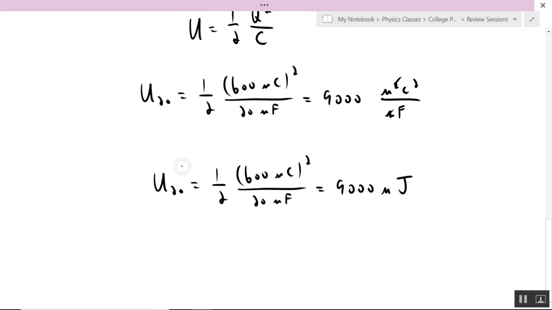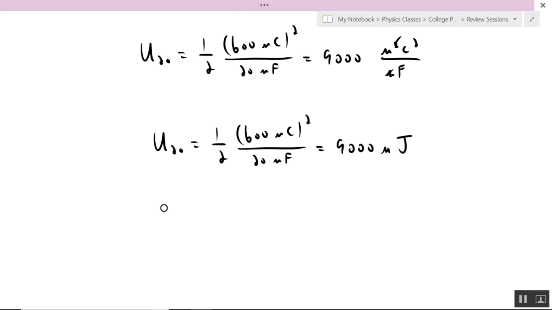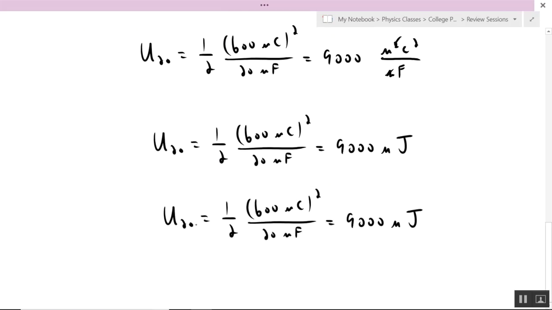And then it's the same thing for the 30, except you're dividing by 30 instead of 20 in the bottom. So you put 30 here, and this is 6,000. It's 2/3 of this, right? So you get 6,000 microjoules and 9,000 microjoules.